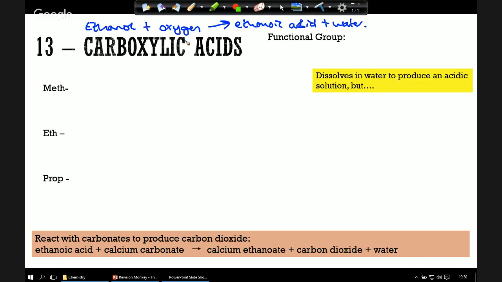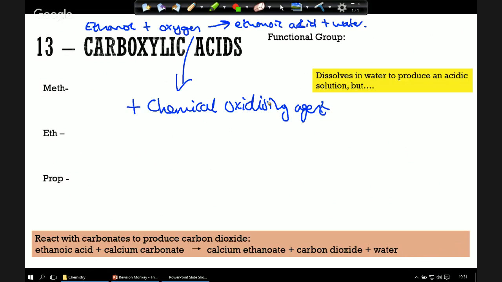And there's a couple of ways that we can oxidize them. We can add a chemical oxidizing agent. So that's by adding a chemical, which is going to provide us with that oxygen in the reaction.